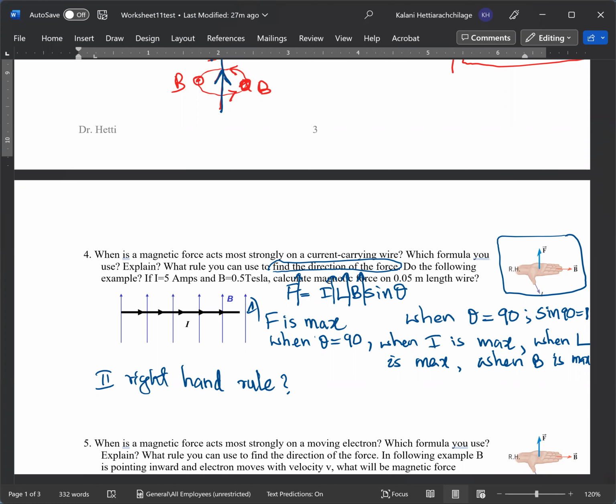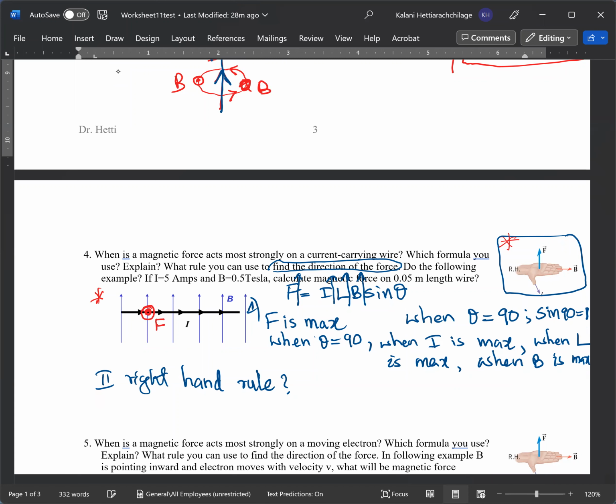Before moving into that, let's see how we use the right hand rule for this example. I have current to the right direction and magnetic field to the left direction. So you use your fingers as I have it in this diagram and think from your head what will be the direction of the magnetic force. In this case, the magnetic force will be pointing outward.